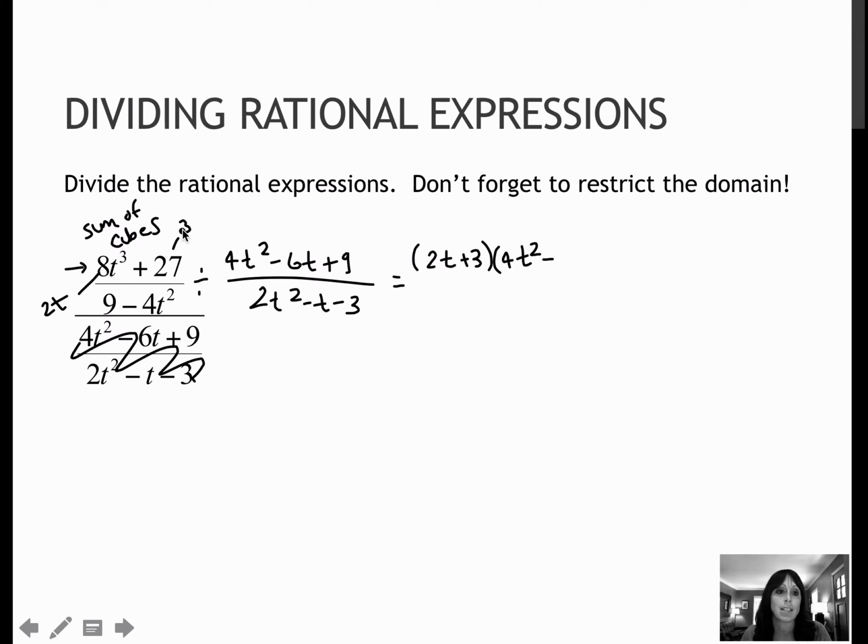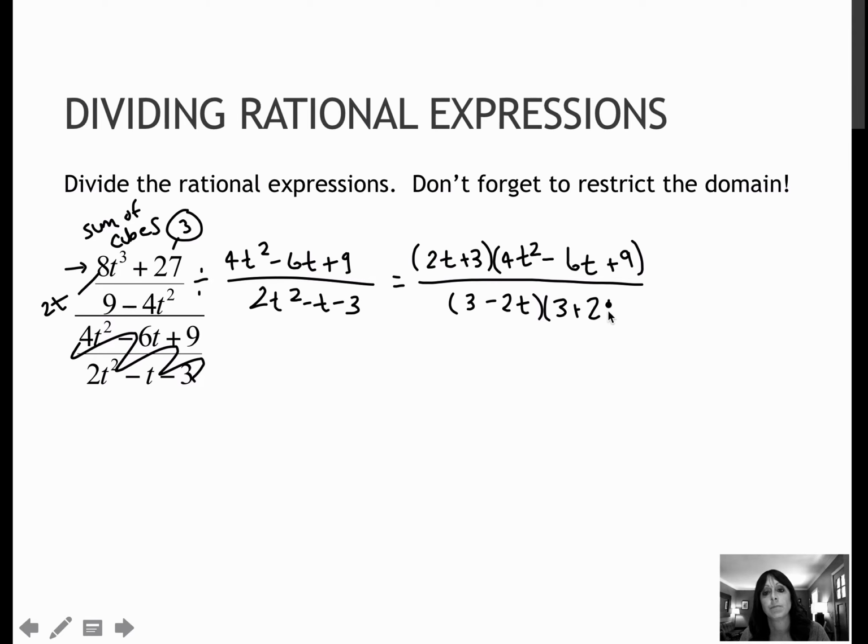And then subtract the product of the two, which is 6t, and then add the last term squared, which is 9. The denominator of 9 minus 4t squared is a perfect square minus a perfect square, so that would be 3 minus 2t, 3 plus 2t.